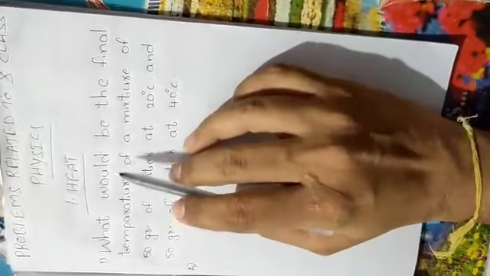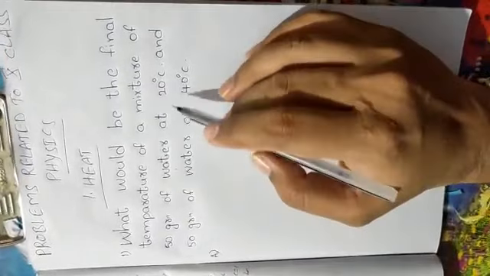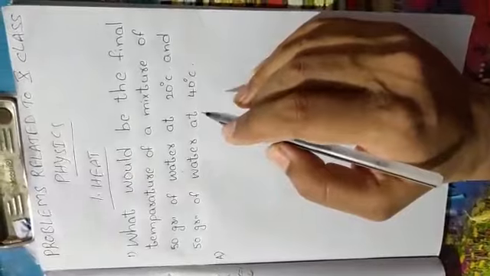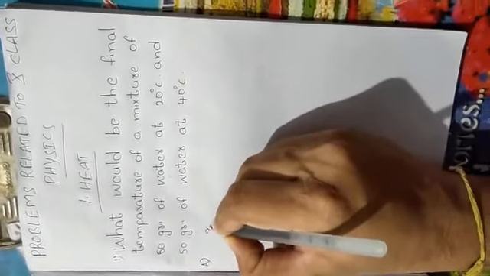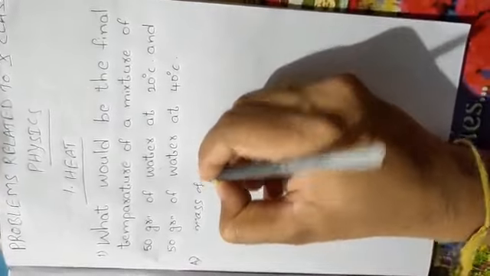What would be the final temperature of a mixture of 50 grams of water at 20 degrees Celsius and 50 grams of water at 40 degrees Celsius? Here, first you want to find out the mass of water.